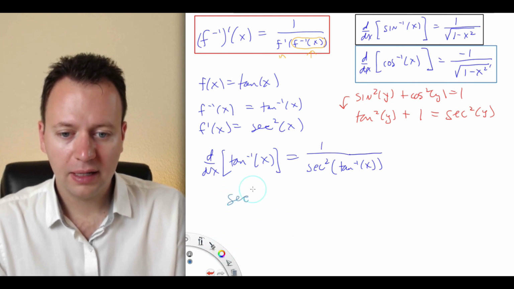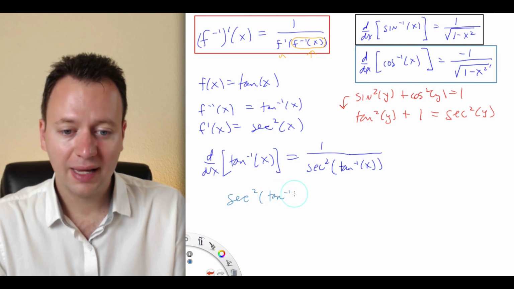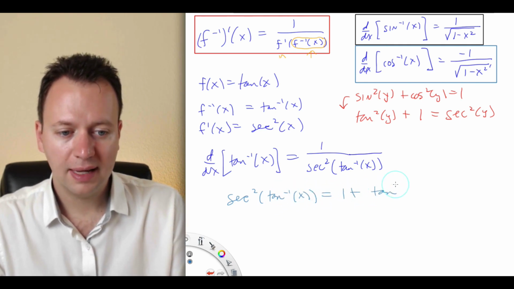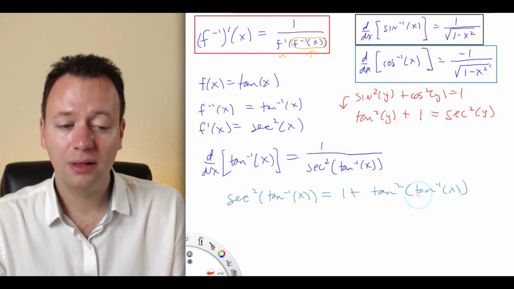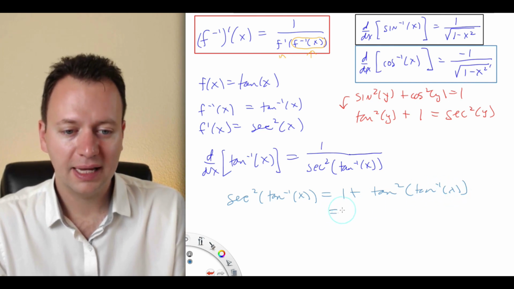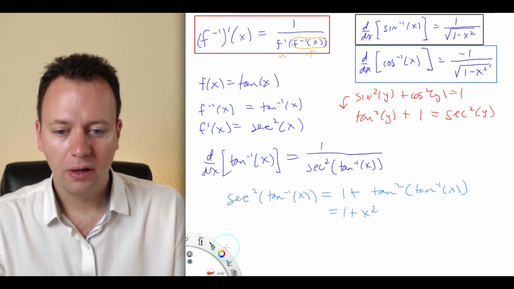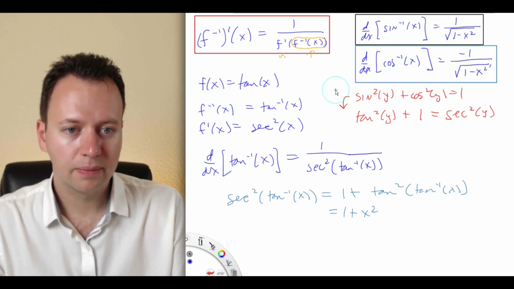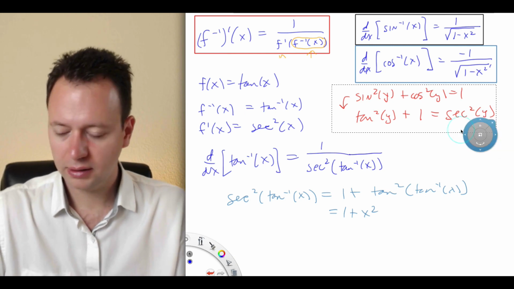Therefore, secant squared of arctan of x is just going to equal 1 plus tangent squared of the arctan of x. Now tangent of arctan of x is just x. So this is the same as just 1 plus x squared. So therefore we get our final derivative rule for the inverse trig functions.